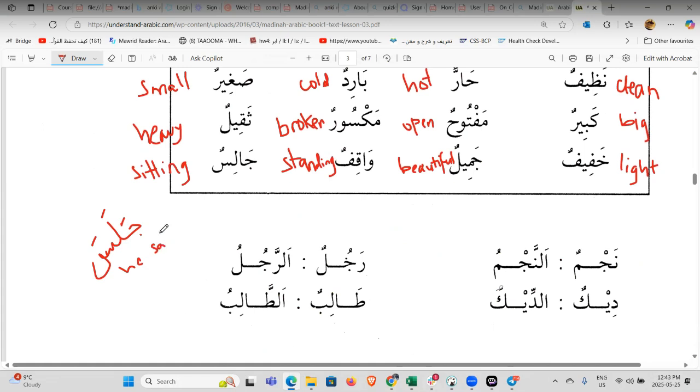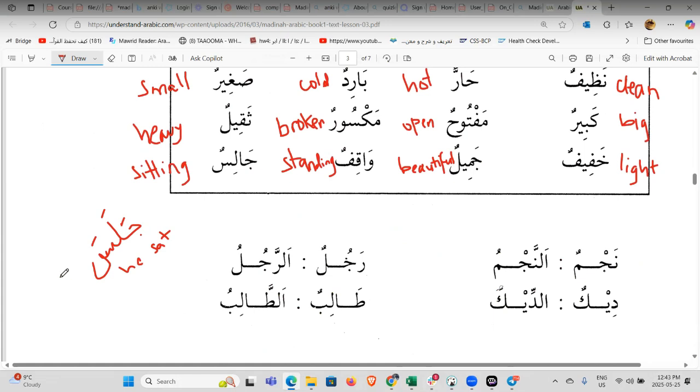Yajlisu means he's sitting. Then from that you have jalisun, someone sitting. You have jilsa, a gathering where people are seated. We have majlis, a place where people assemble to sit. So many words are derived from a single word like jalasa.